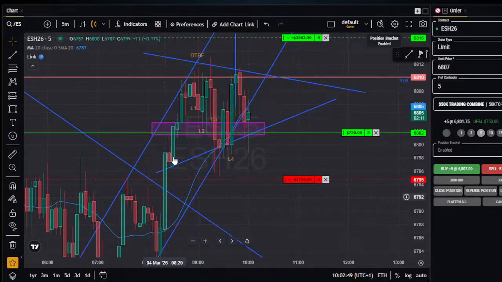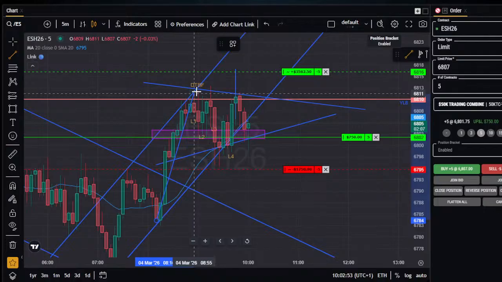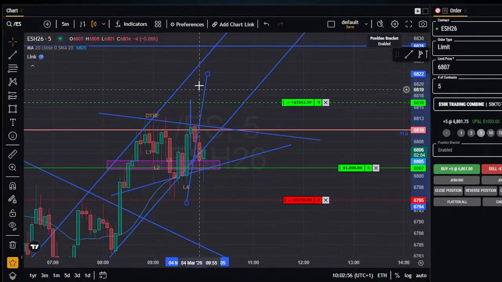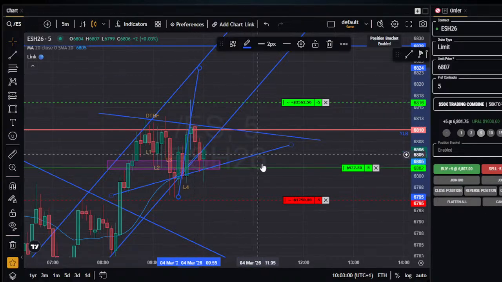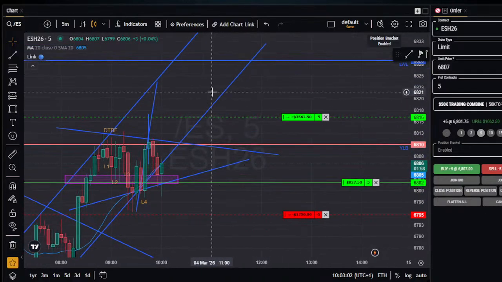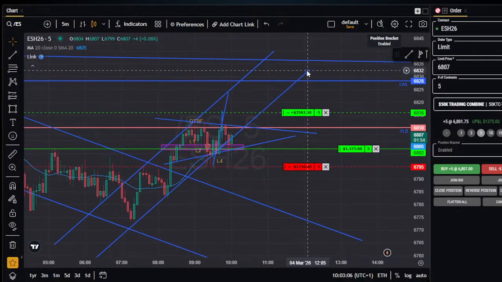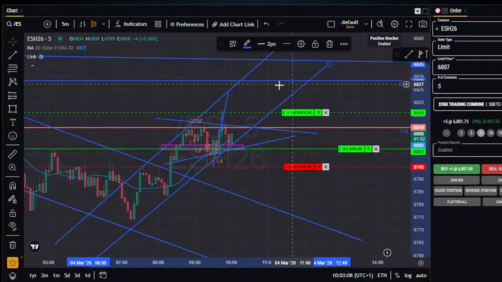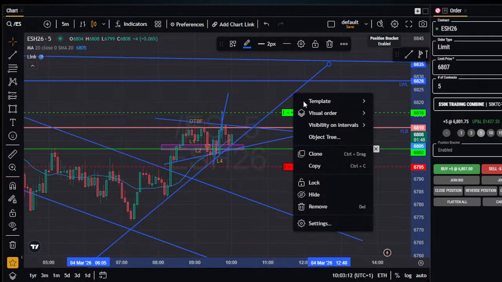This is a trend. You could argue that this trend has a high 1, high 2 potential. This would match the channel, but we need to make the channel a little more broad. We can now clone this here.